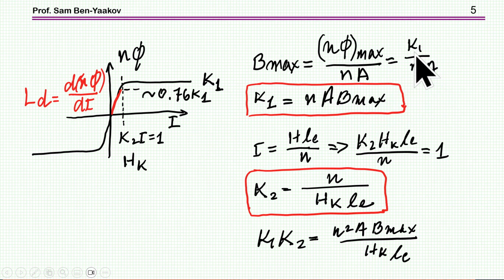So from here and here I can define K1 as n times A times B max.